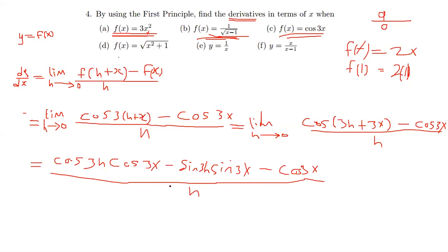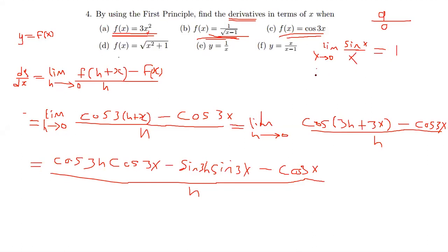So what you do here, I forgot to show you some special limits. I'm sure you saw them in your module. So when you're finding the limit of sine x over x as x approaches 0, this is just equal to 1.